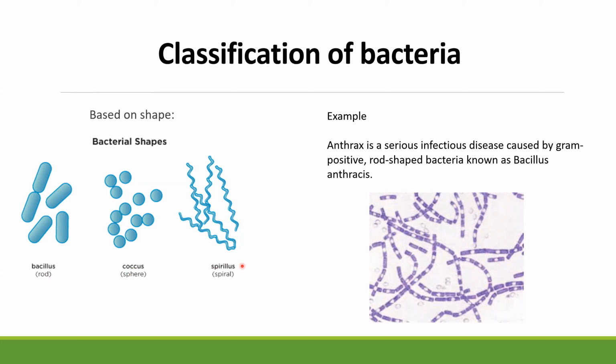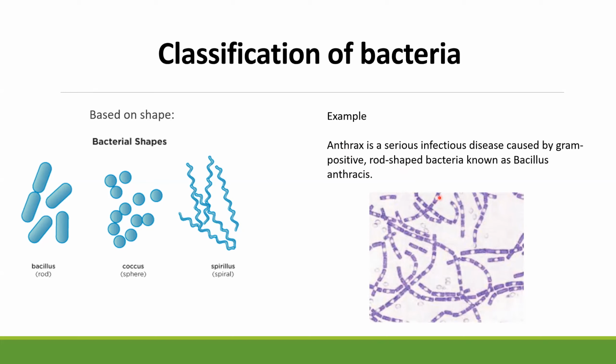So I just want to give you some examples of each group of these. So an example of a bacillus or rod-like bacteria is anthrax. So anthrax is a serious infectious disease caused by gram-positive rod-shaped bacteria. So as you can see, it has this rod shape.